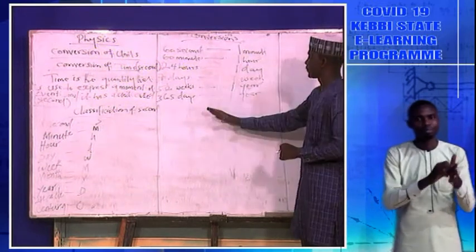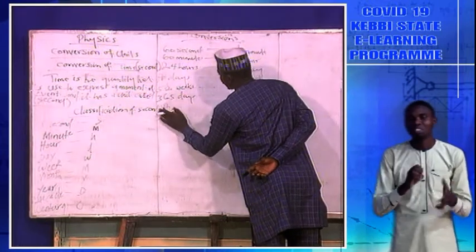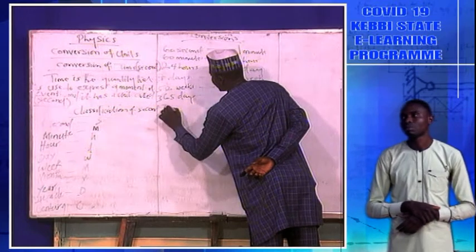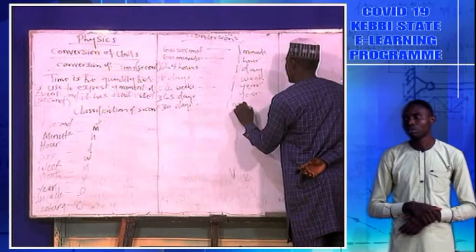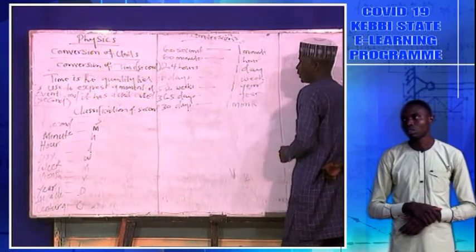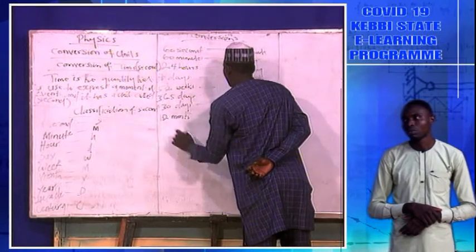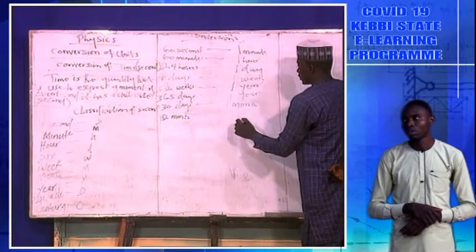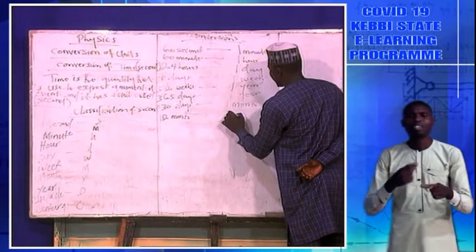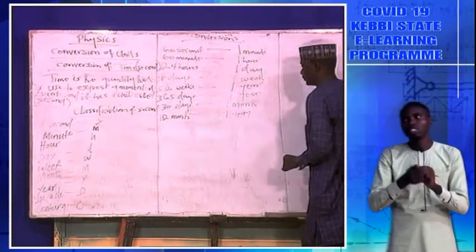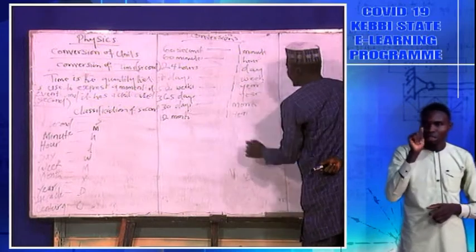Now, if we have month again, sorry, let us start with 30 days will make 1 month. And also we have 12 months will give us 1 year. Good. 12 months will give us 1 year.